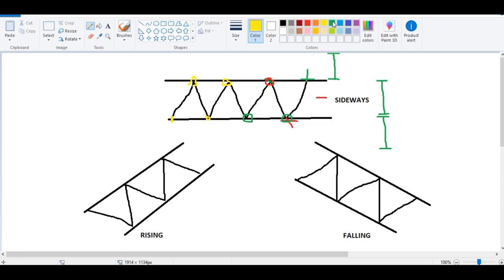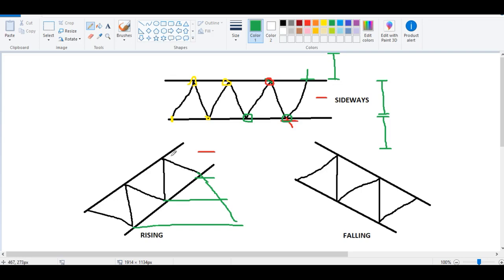If we're trading the breakout in a rising channel, let's say it breaks out towards the bottom, we will enter short the moment it breaks this bottom trend line. My stop loss can be the mid level right here, and my targets will be the two swing lows. That's the first one, and this is the second swing low. These are my two targets.